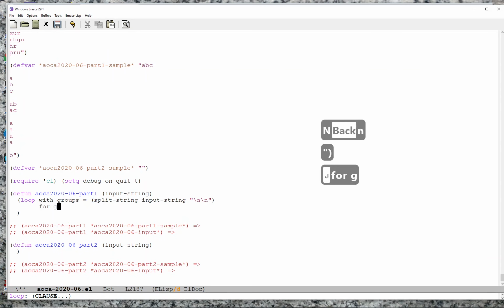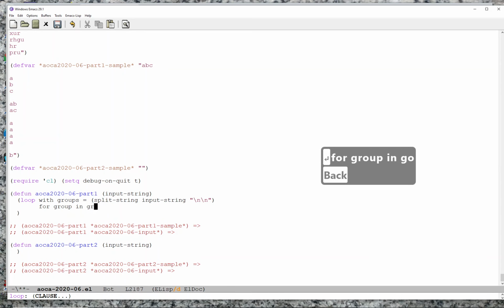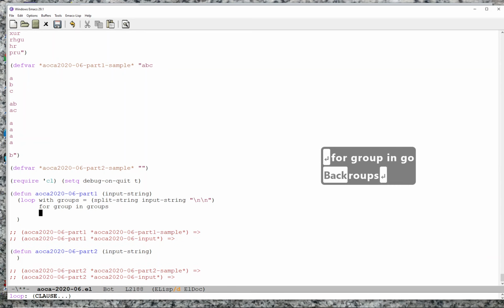So for group in groups, we don't care how many lines there are. We're just adding up the different yes answers that are in there.